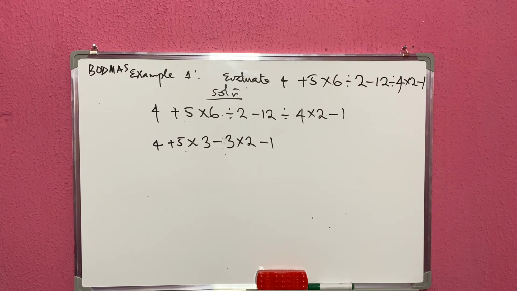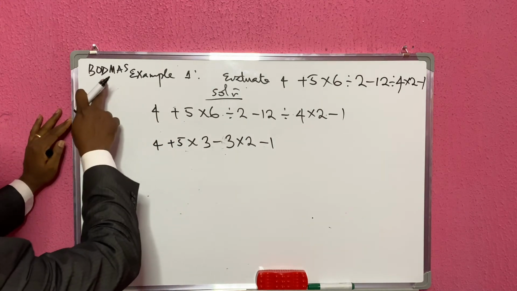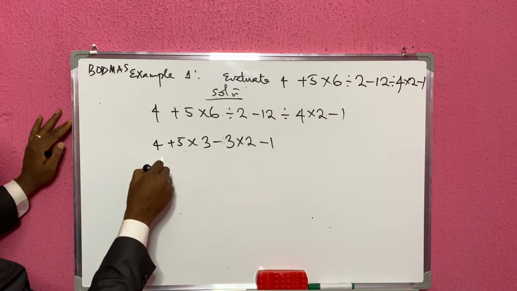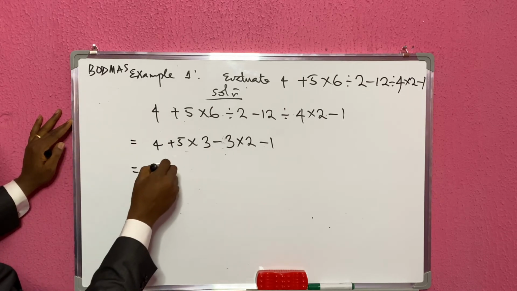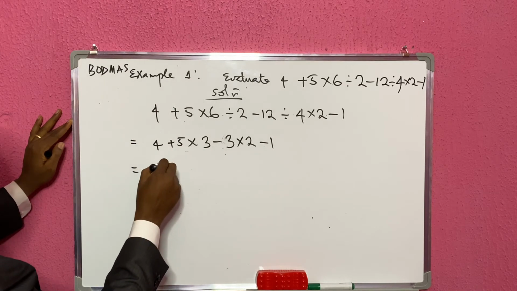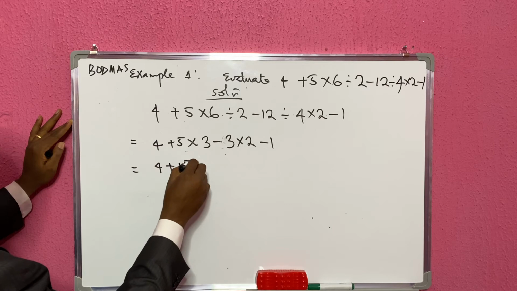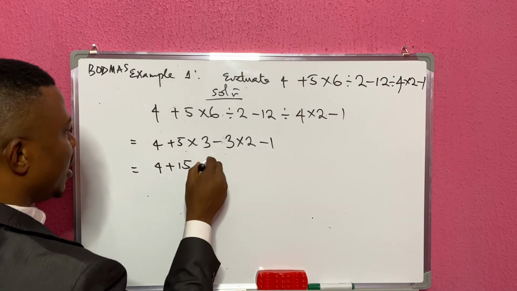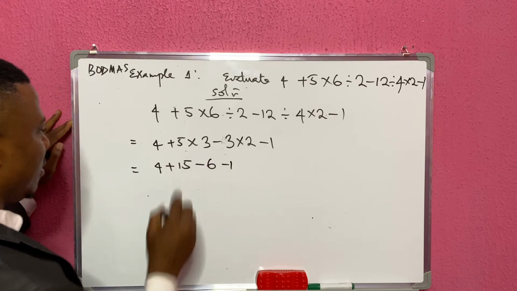See that? What does it say? Multiplication. 5 multiplied by 3 is 15. Minus 3 multiplied by 2 is 6, minus 1.